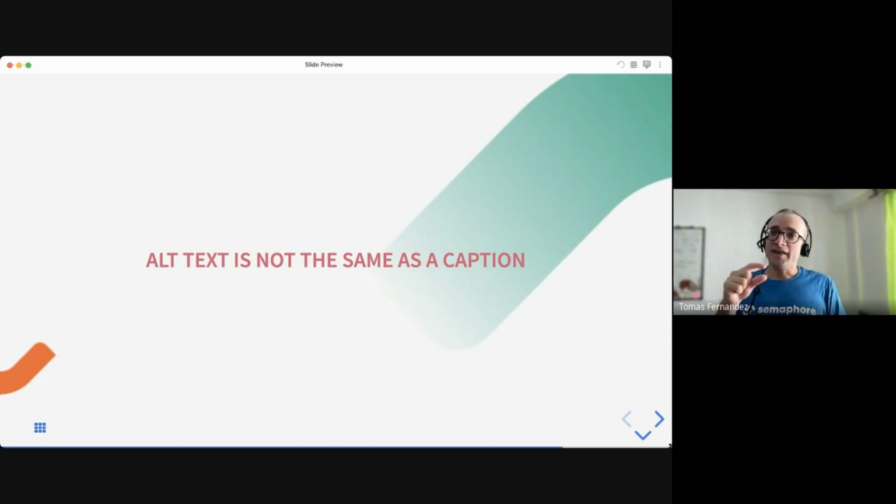And the other thing is that this text is also parsed by Google, so it's another place we can put information that will be read by Google and will help people with some disabilities, for example.